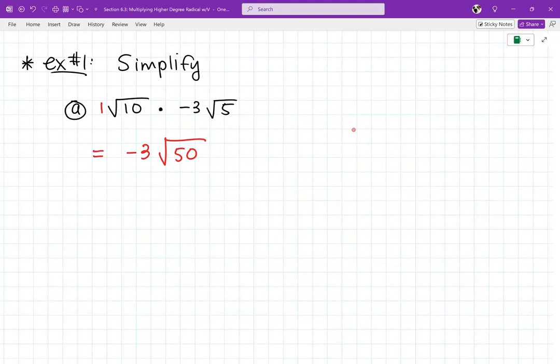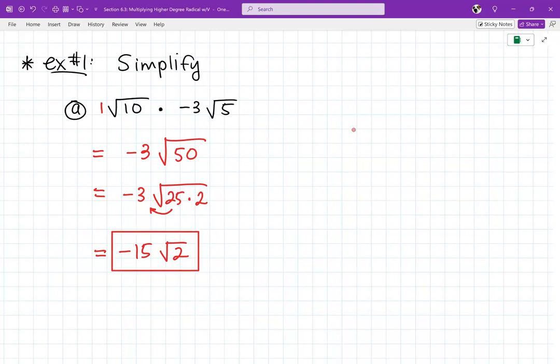What 2 numbers can I multiply that give me a 50, but one of them should have a square root? 2 times 25. So I'm going to make this negative 3 square root 25 times 2. What's the square root of 25? 5, right? So that's going to be negative 3 times 5 is negative 15 square root of 2. And I'm done.